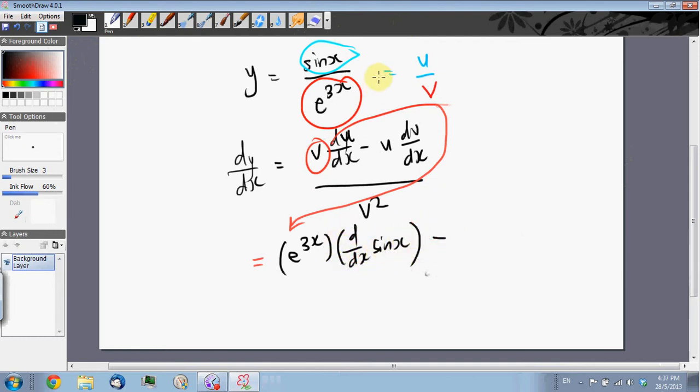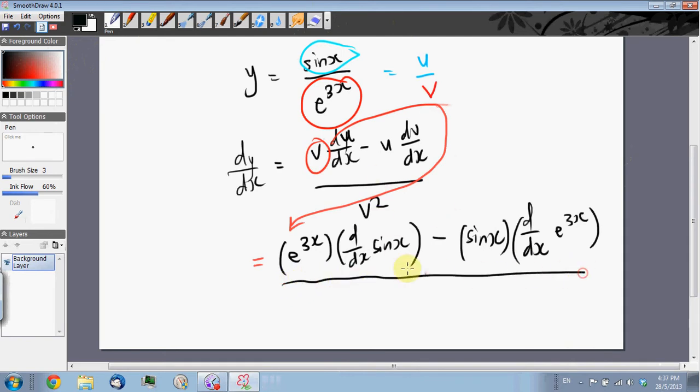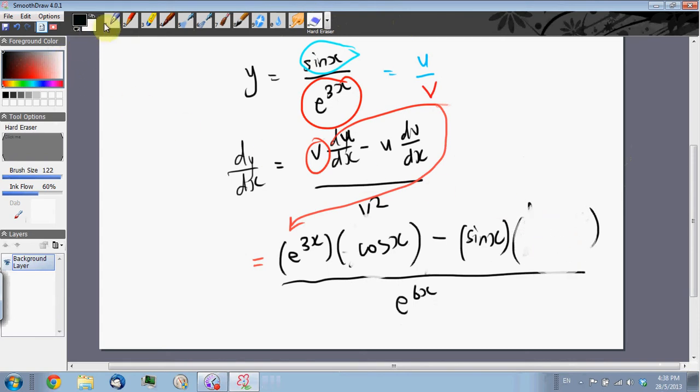Then minus u, which is sine x, times dv/dx, where you differentiate the bottom, e to the power of 3x, divided by v squared, which is e to the power of 6x, because e to the power of 3x squared is e to the power of 6x. This d/dx of sine x is cosine x, and differentiating e to the power of 3x gives 3e to the power of 3x. Then you just expand everything out and get your answer.